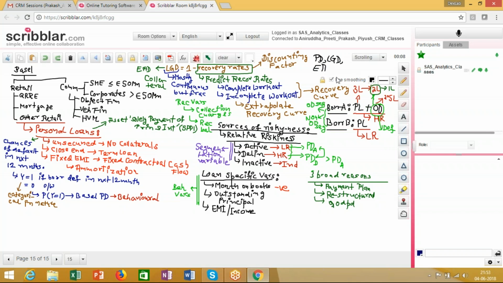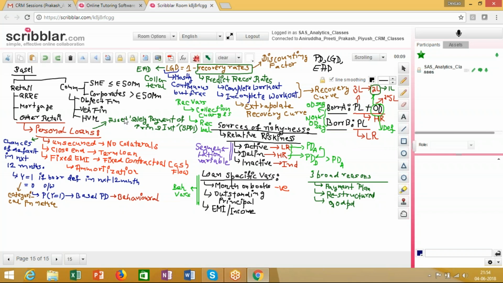We will see that the target variable for these models, including the EAD model, keeps changing from product to product. The sources of riskiness for the products also change.